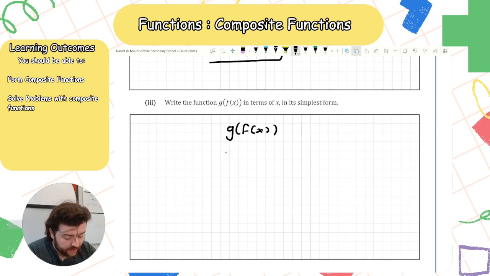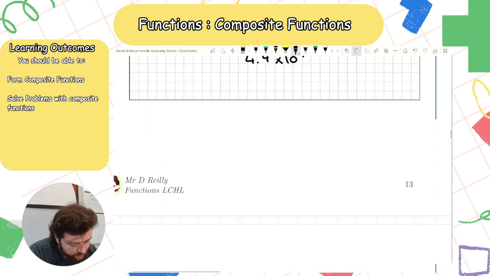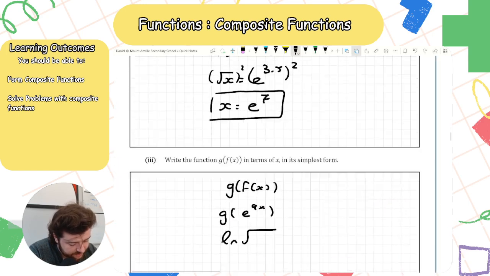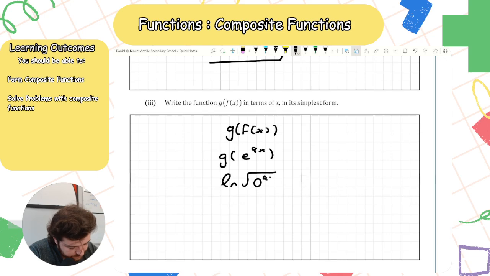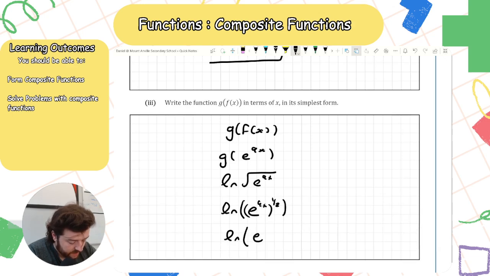And finally, write the function g of f of x in its simplest form. And that is going to be g of e to the power of 9x, which is going to be equal to ln root e to the 9x. That's going to be equal to ln of e to the 9x to the power of a half. Ln of e to the power of 9x to the power of a half is e to the power of 4.5x.